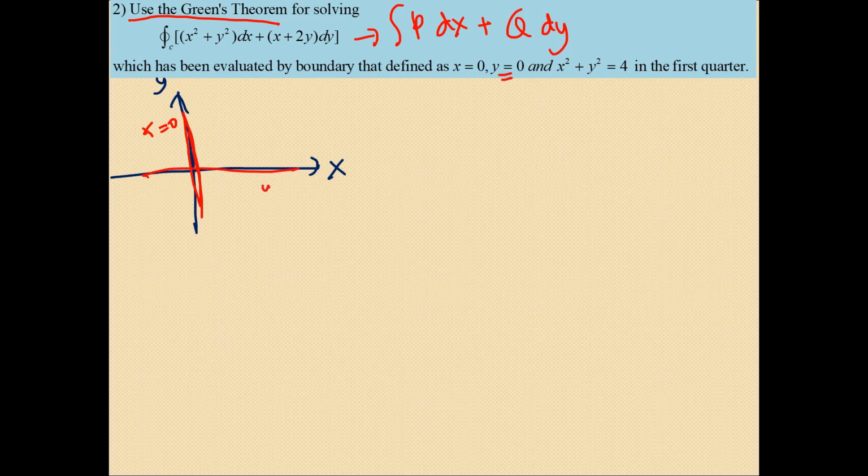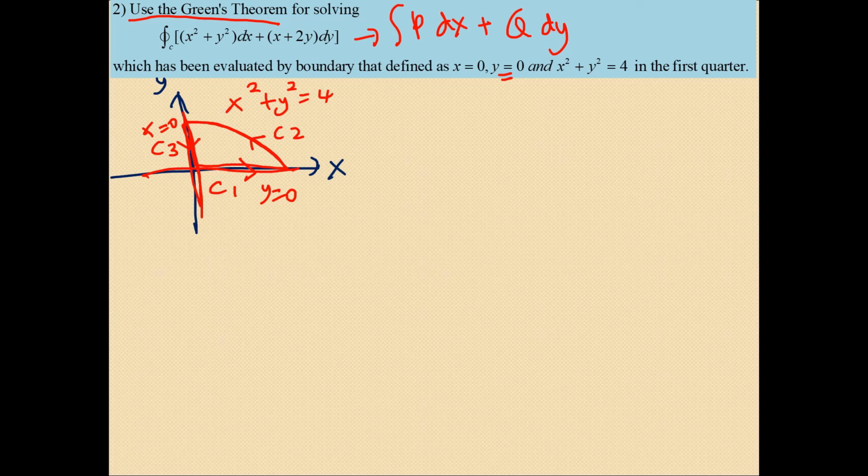This is y equal to 0. Then x squared plus y squared equal to 4 is a circle, and they say in the first quarter only. So this is the first quarter, and this is x squared plus y squared equal to 4. So we have a closed curve here: C1, C2, C3, counterclockwise.